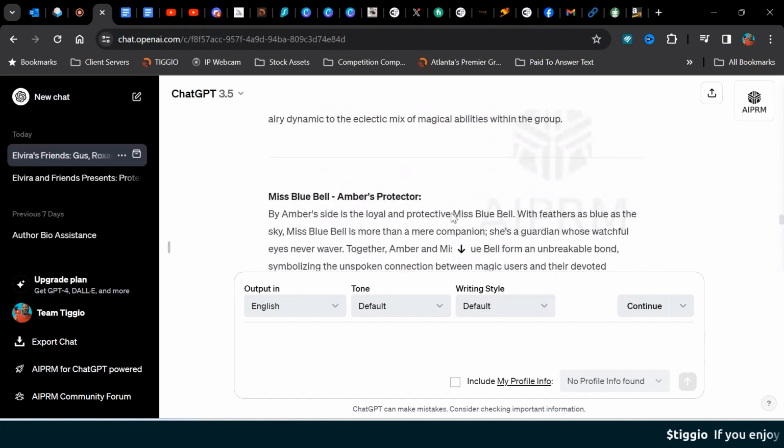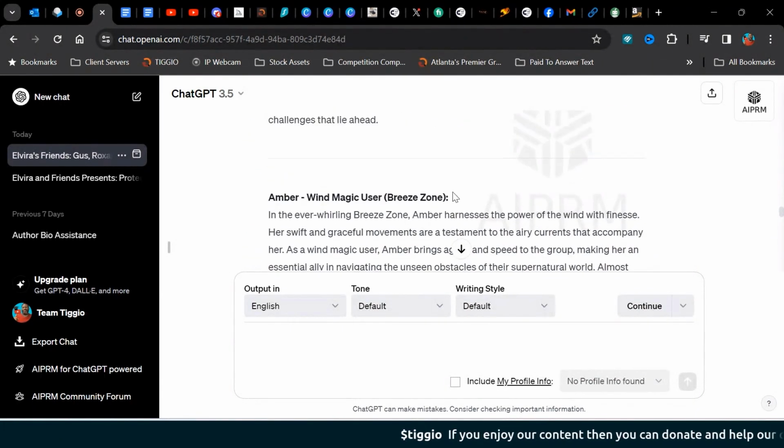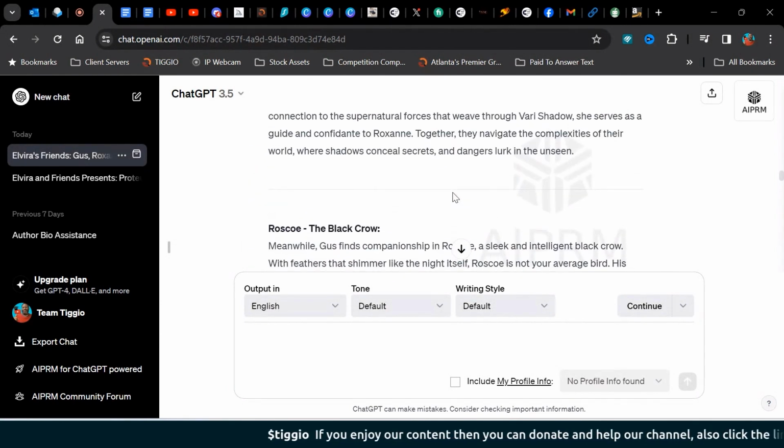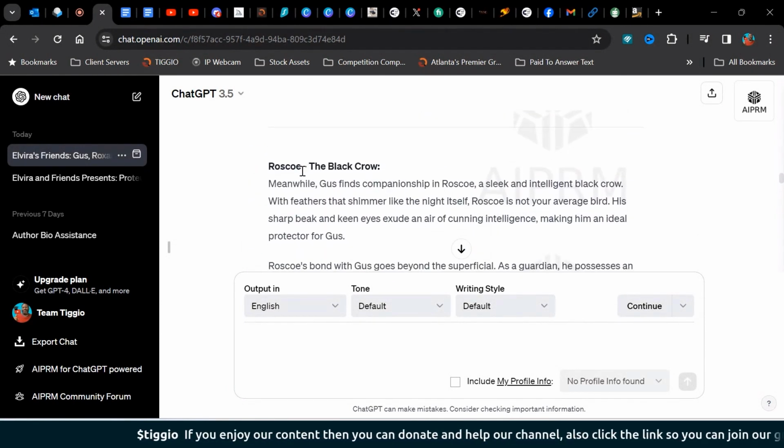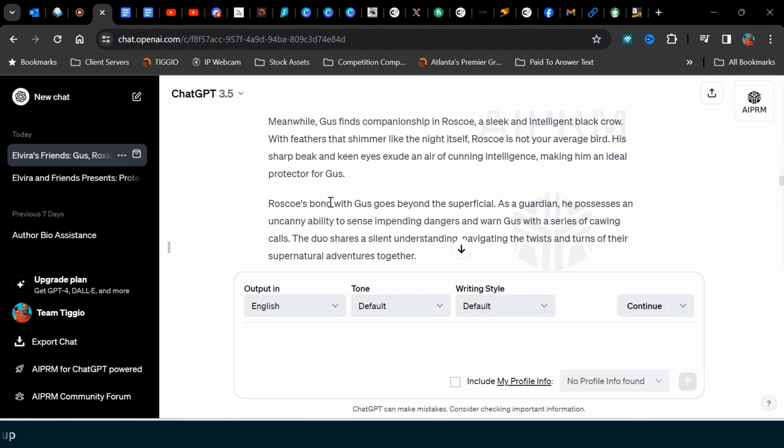All right. So let's take our time to see if ChatGPT got everything right. For example, Gus finds companionship in Roscoe, a sleek and intelligent black crow with feathers that shimmer like the night itself. Roscoe is not your average bird.